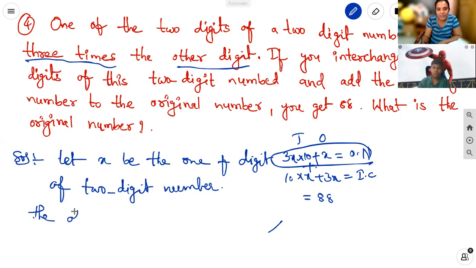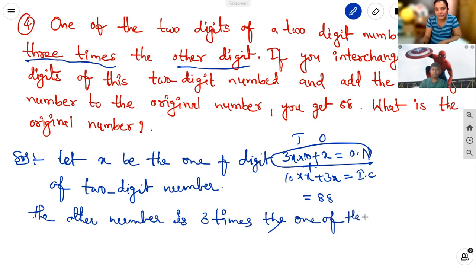The other digit is 3 times the first digit.